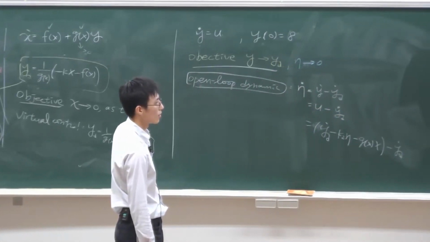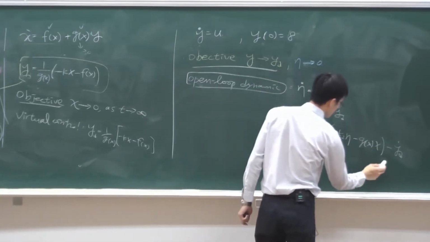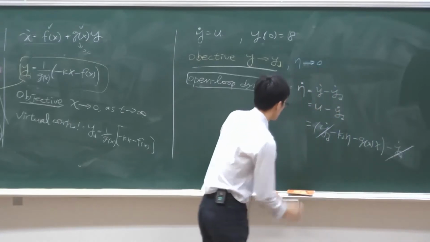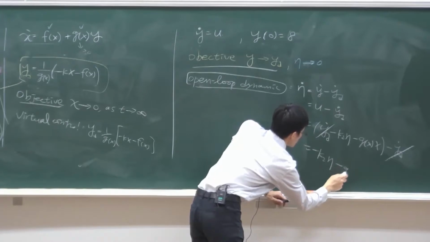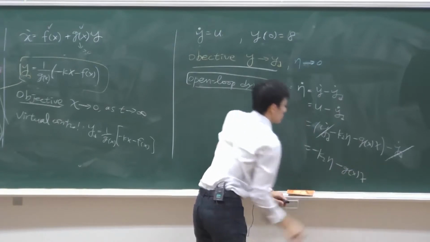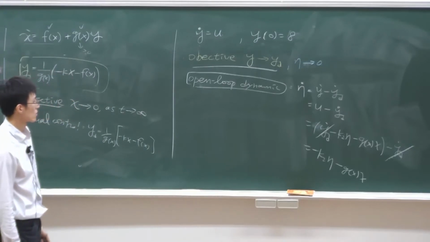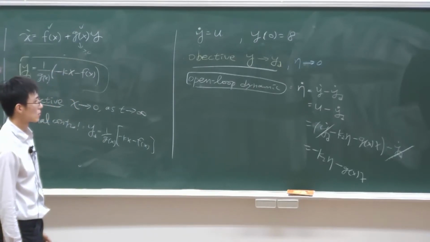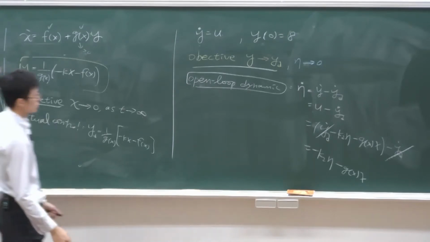This cancels out, and this gives you minus k2 eta minus gx x. So now we have two closed loop systems.